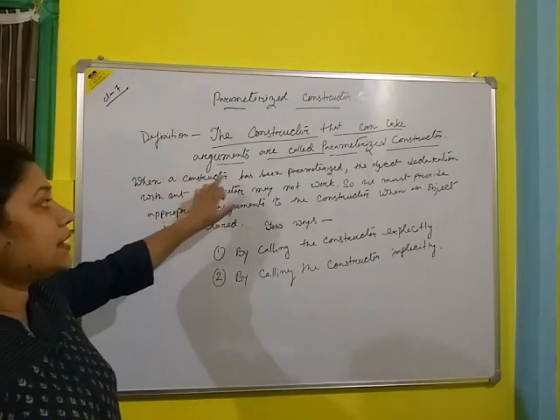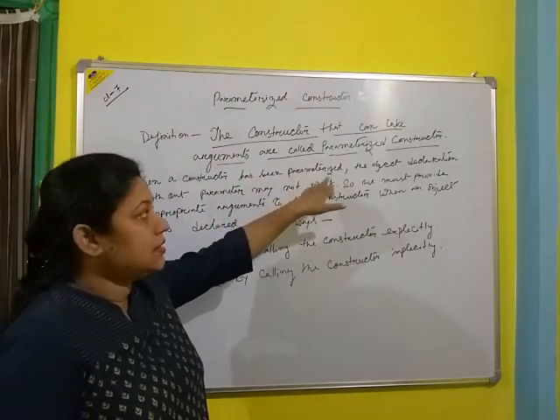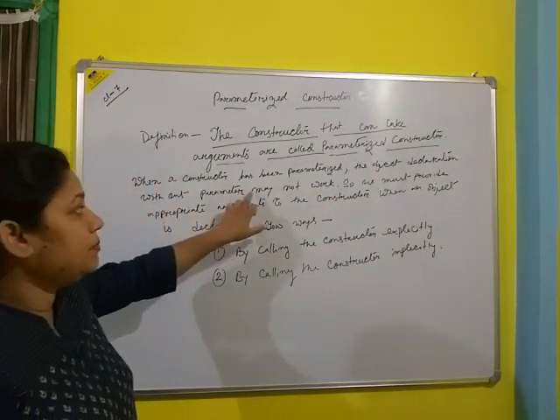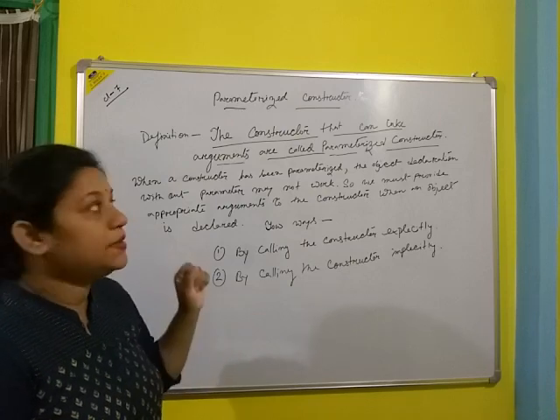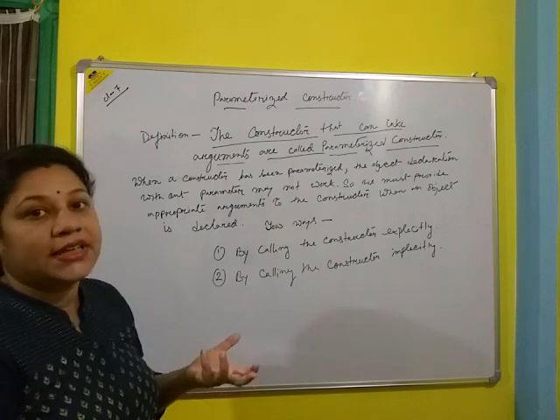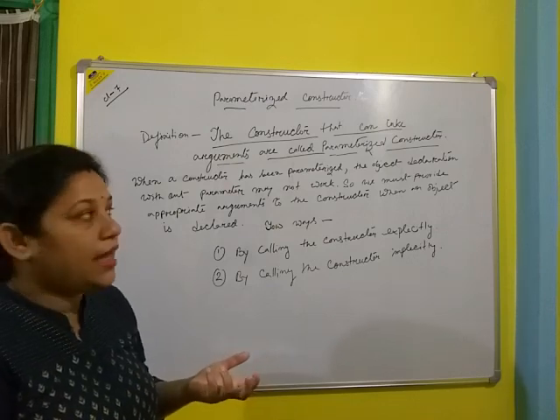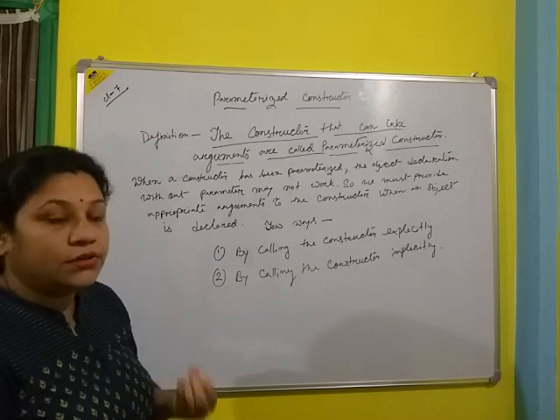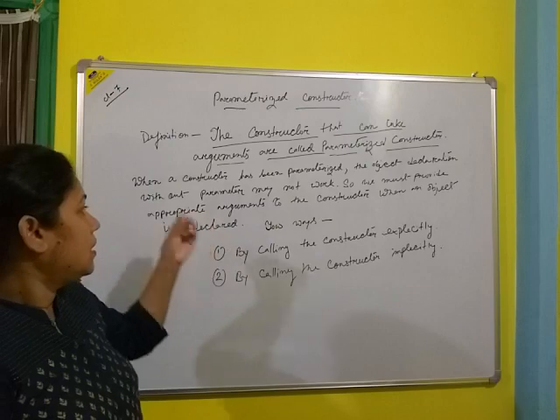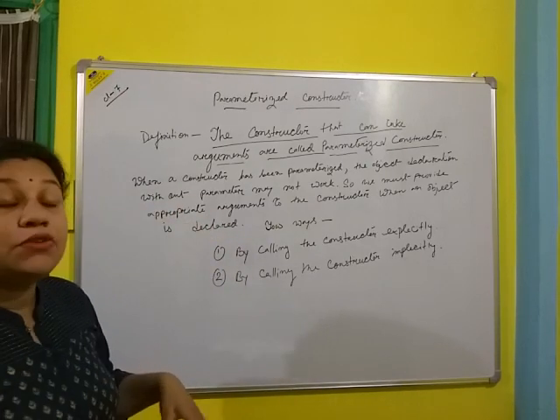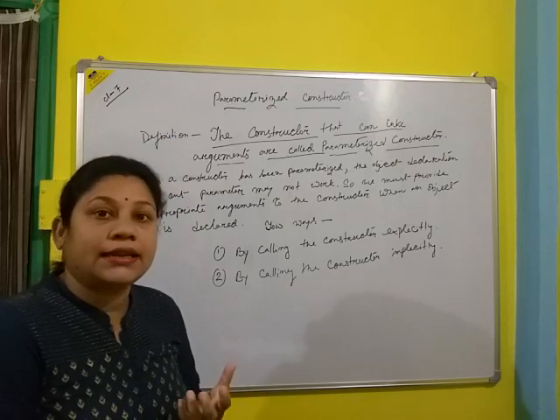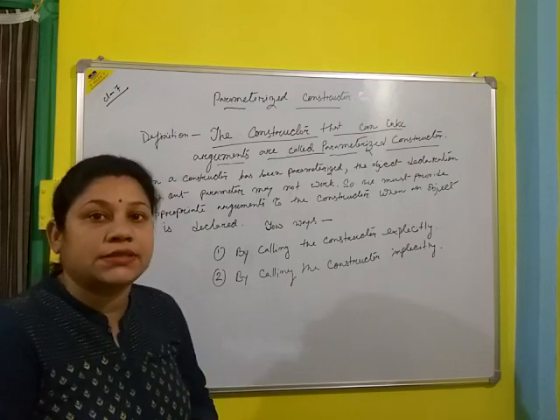When a constructor has been parameterized, the object declaration without parameter may not work. That means when we parameterize a constructor and you declare the object for that class, you have to pass some parameter value to the constructor at the time of the declaration of the object.